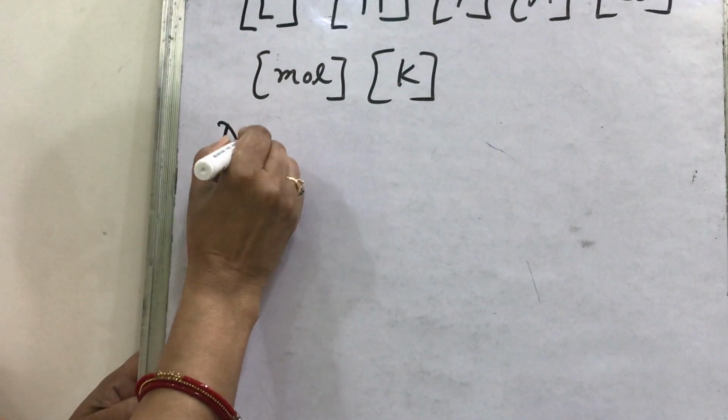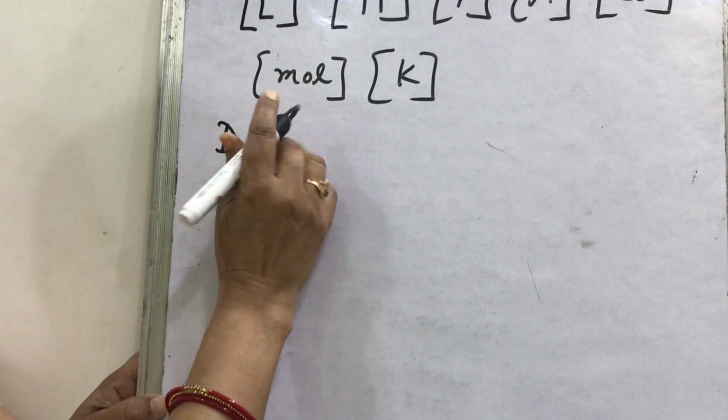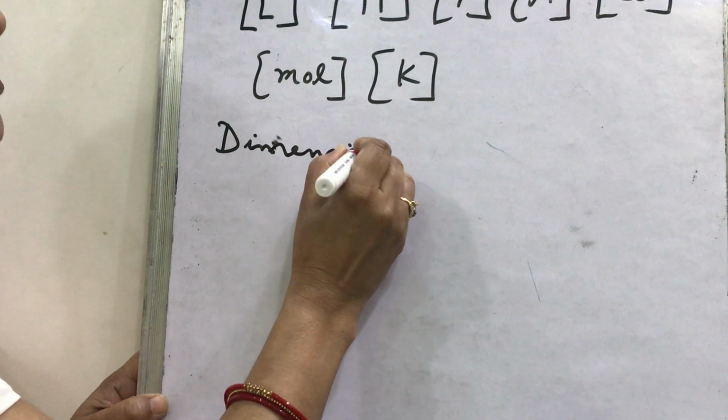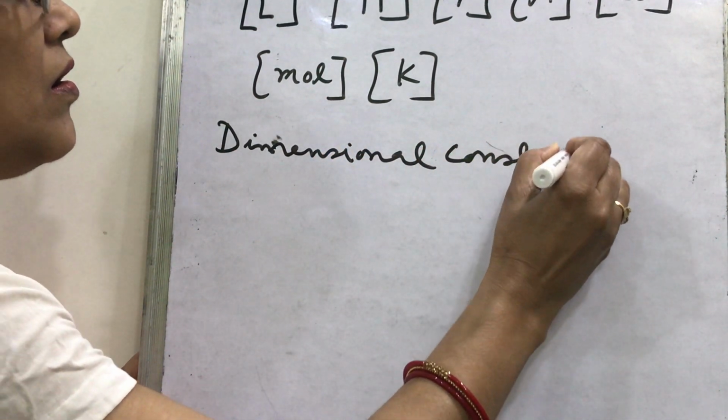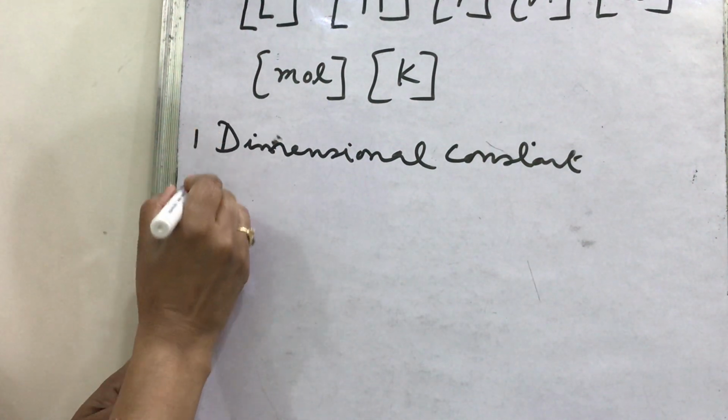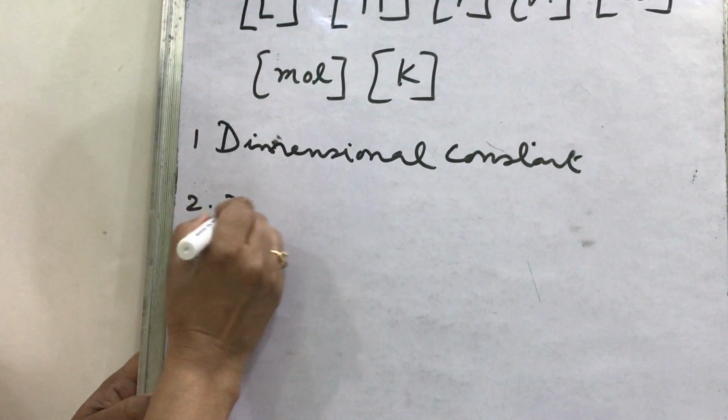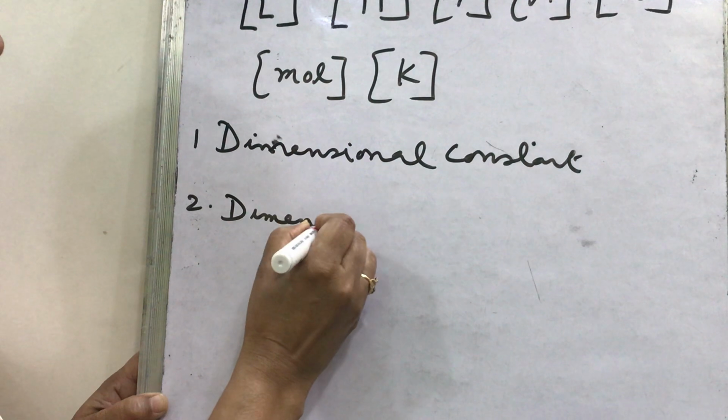constants and variables: number one, dimensional constant, number two, dimensional variable.